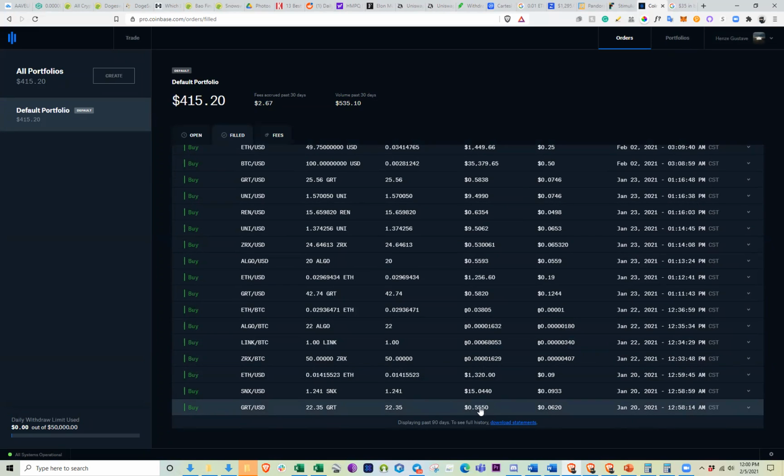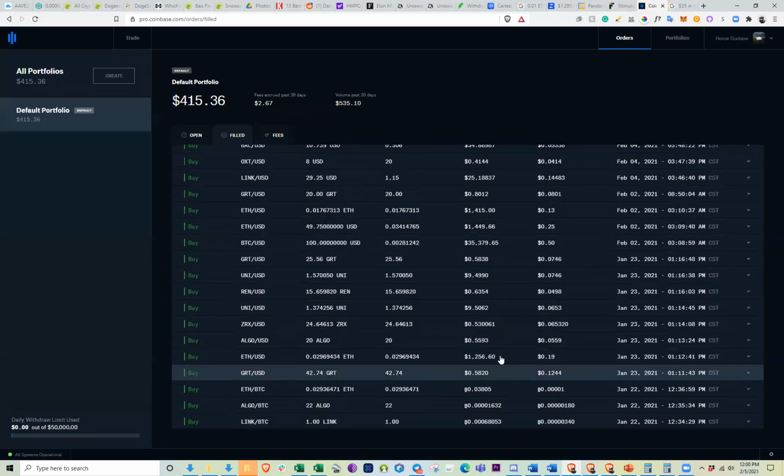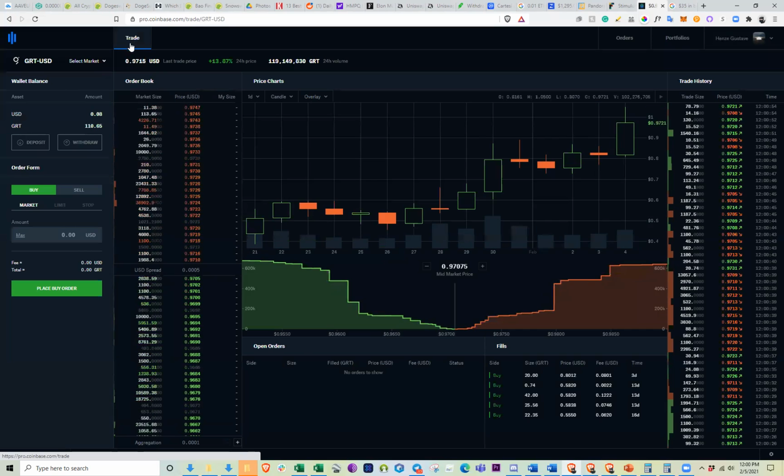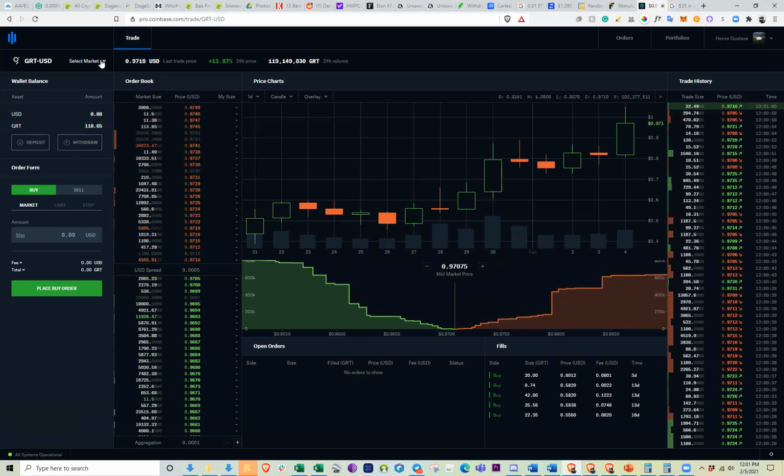So I bought GRT at different price points, 55 cents, 58 cents. So I'm going to just take the average price of 60 cents to sell the whole thing with. So I would recommend that as you're purchasing these coins, you put in those sell limits for these coins too.